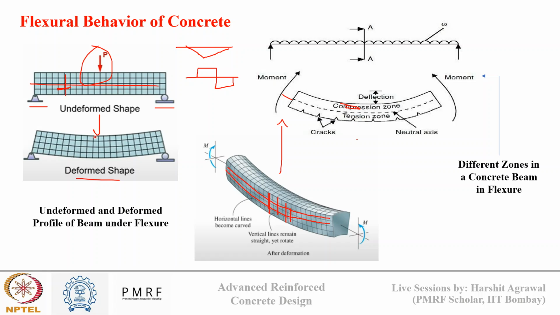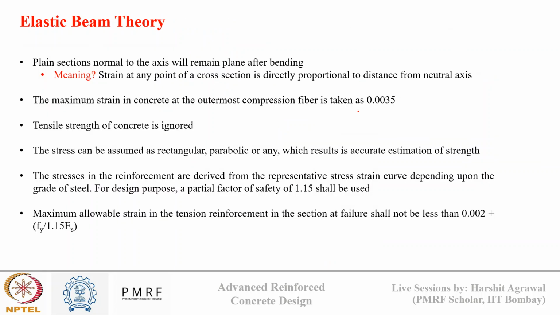That's why, when we talk about reinforcement placement, we provide reinforcement near the bottom of a reinforced concrete system, that is, in the tension zone. So that's the importance of the flexural behavior of concrete, how it divides the reinforced concrete system into different zones.